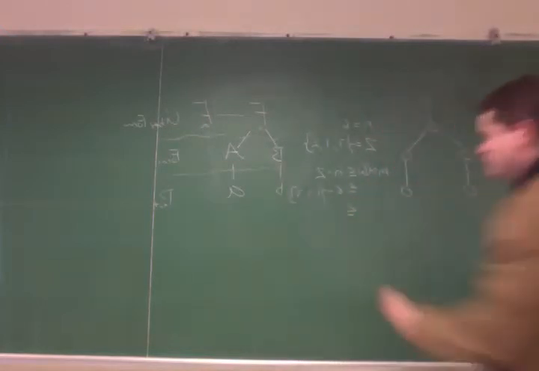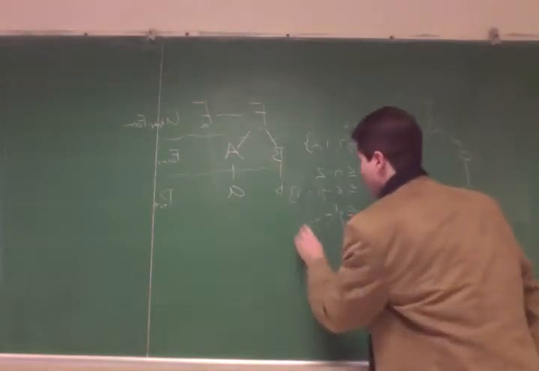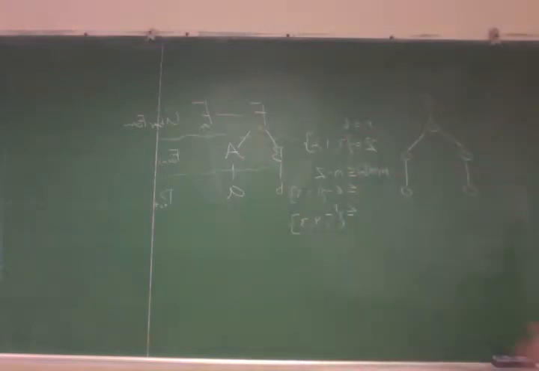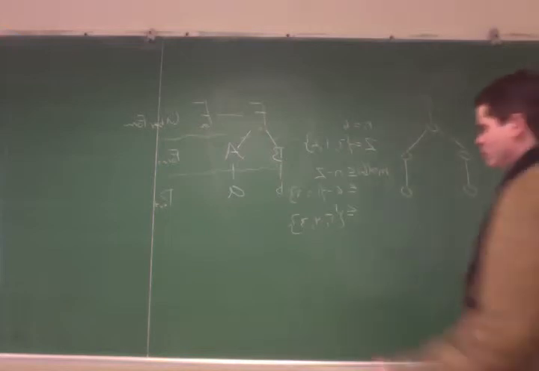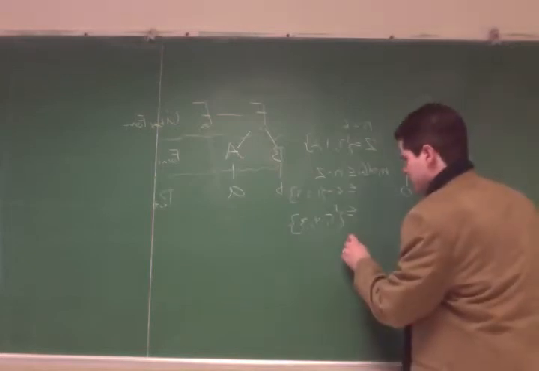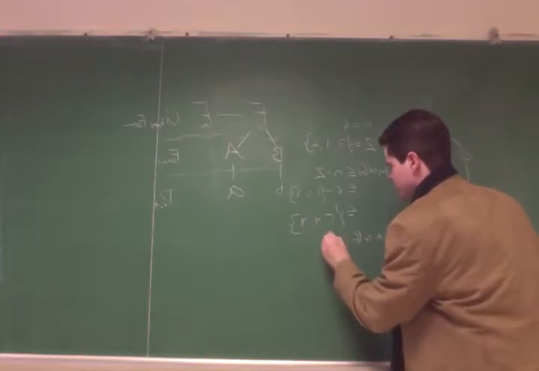So that's either going to be 5, 4, or 3. So it's less than or equal to, I'm going to go with the smallest of those values, so 3. MSR of G is less than or equal to 3.